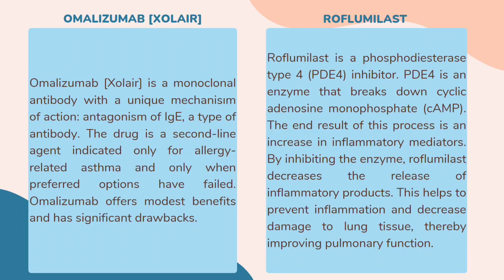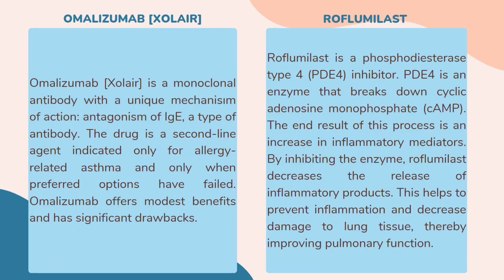The next is roflumilast. The mechanism of action. Roflumilast is a phosphodiesterase type 4 or PDE4 inhibitor. PDE4 is an enzyme that breaks down cyclic adenosine monophosphate or cAMP.